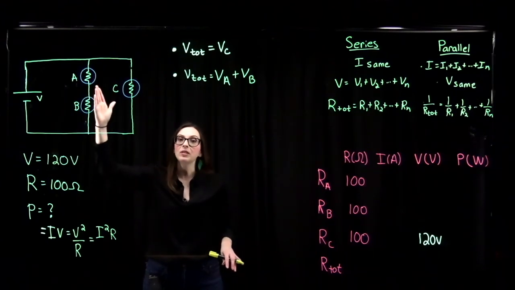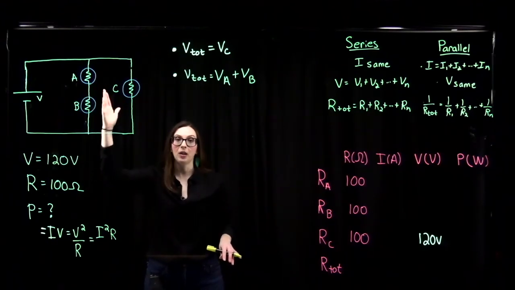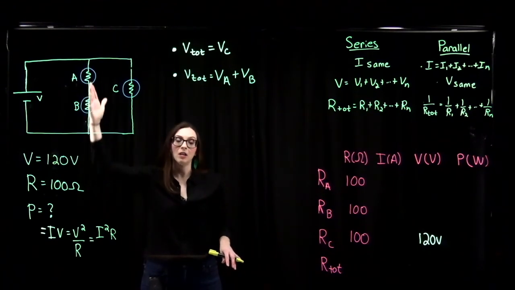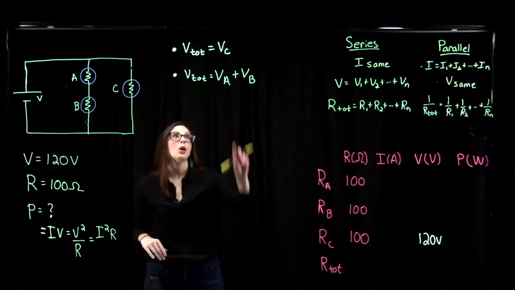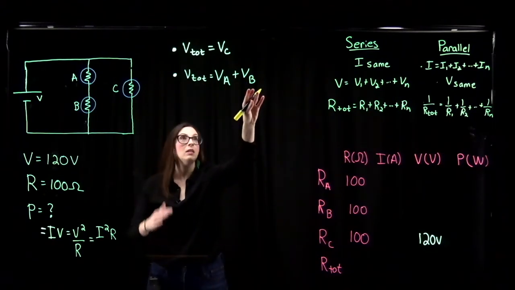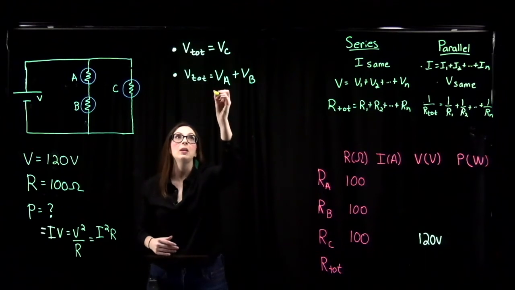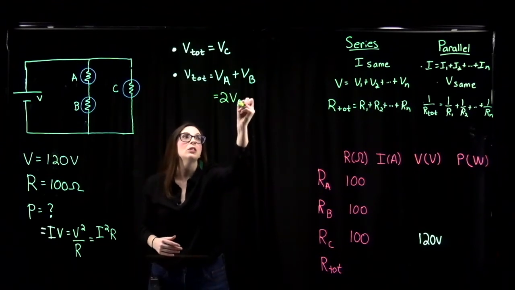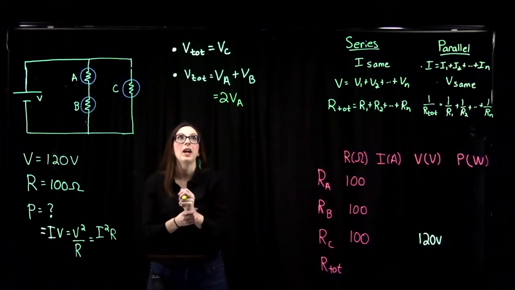So VA has to be the same as VB. Their resistances are the same. So the total potential has to equal twice any one of their individual potentials. So let's just say it's twice VA.